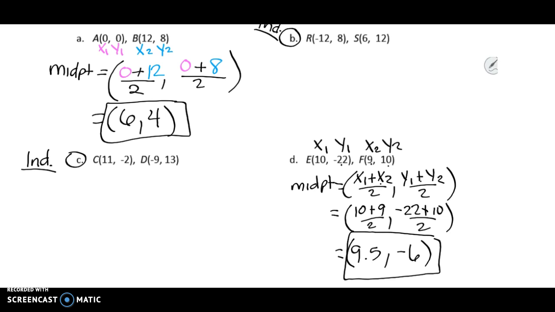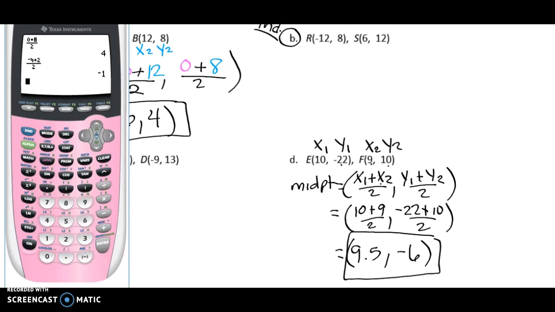And again, at any point in time, if you need it, pull out your calculator. And fix the top. So like I had 10 plus 9 divided by 2. It's going to give it to you in fraction form. So if you did the calculator and you want to leave your answer in fraction form, that's fine.